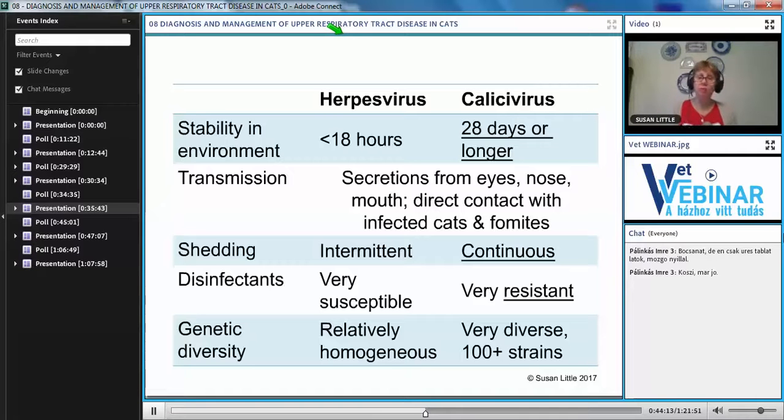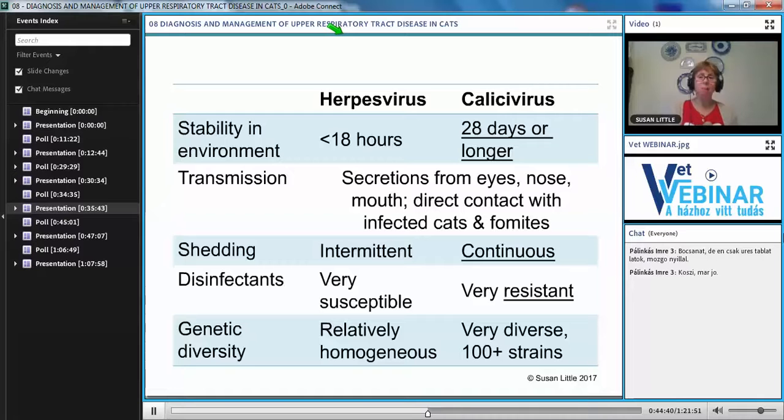And there's also a difference in their genetics, viral genetics. And this is important when it comes to developing PCR assays, and when it comes to the spectrum of disease that we see. So calicivirus has much more diverse genetics. There's a lot of field strains out there. So that means that vaccines may not always protect against every calicivirus field strain.